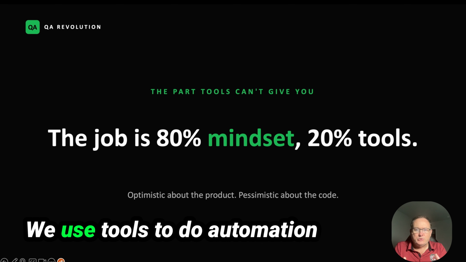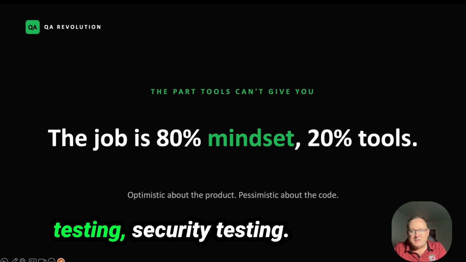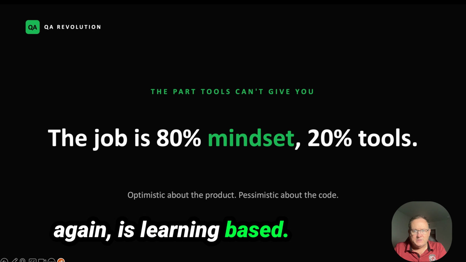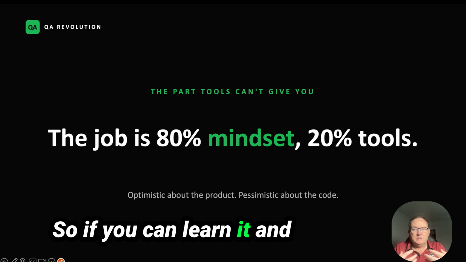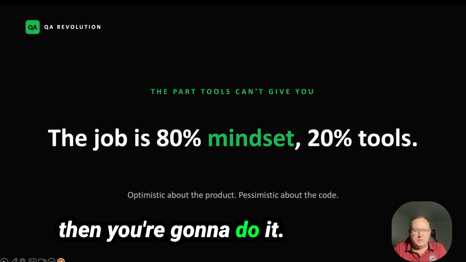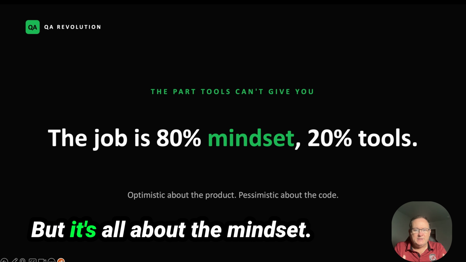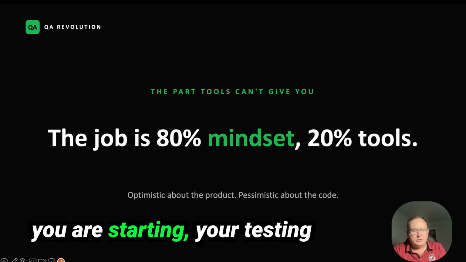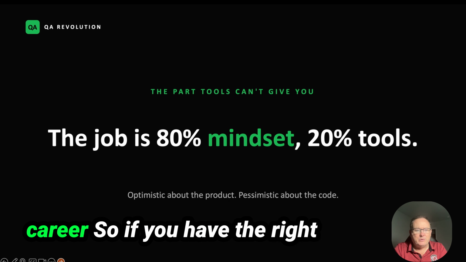We use tools to do automation testing, performance testing, security testing. So there's a suite of tools that we use, but a lot of that, again, is learning based. So if you can learn it and you have the aptitude, then you're going to do it. But it's all about the mindset. So just keep that in mind as you are starting your testing career.